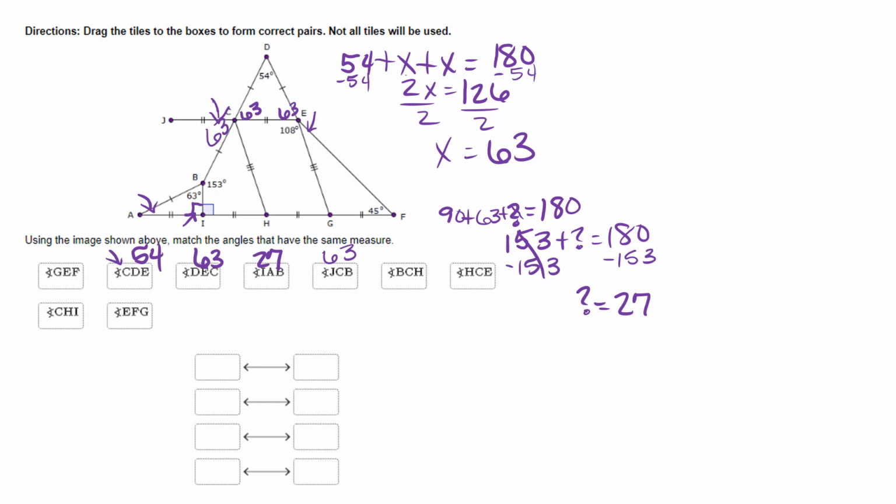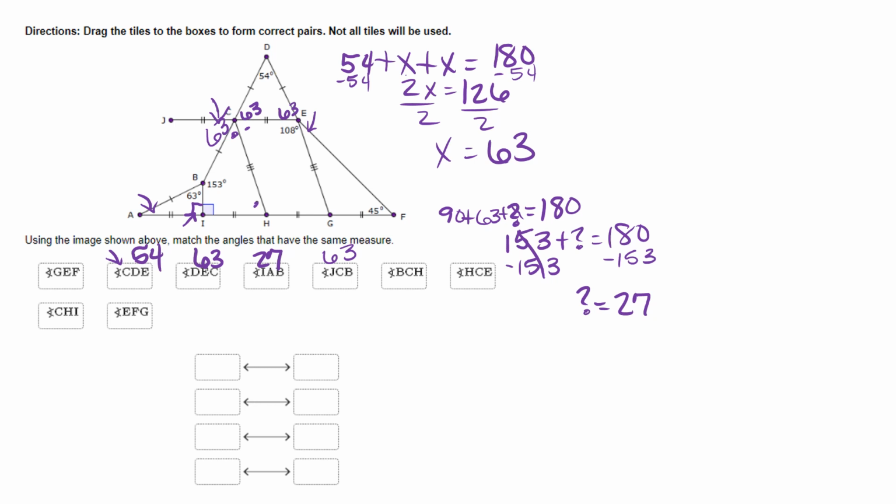Then we have BCH. BCH, so that's this one right here. We'll look for that one in just a moment. Let's see, HCE. HCE, we also need this one. CHI.